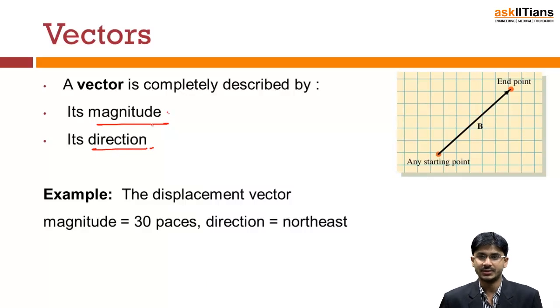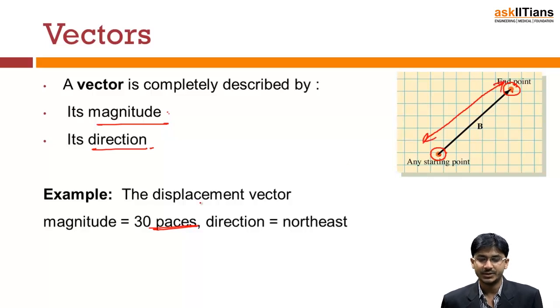Now vector, as I told, has magnitude and it has direction. Magnitude means the value of it, the numerical value. Suppose a person was here at some point of time and then he moved to here, from starting point to end point.